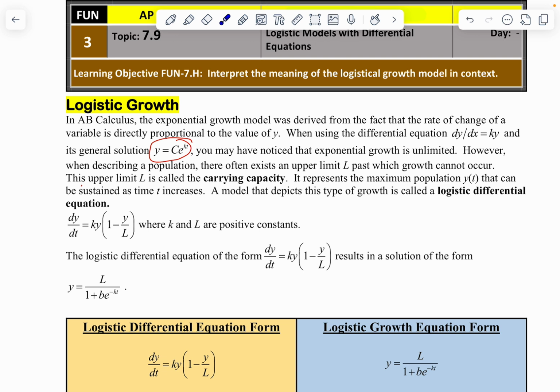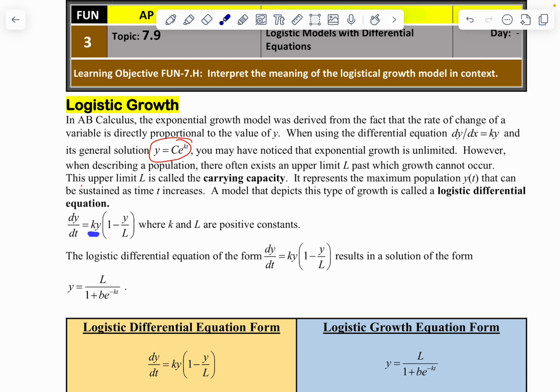And that could be because there's food. The world is only going to be able to hold a certain number of people before people start dying of starvation, for example. So a model that depicts this type of growth is called the logistic differential equation. And it looks like this. It is dy/dt equals k times y.